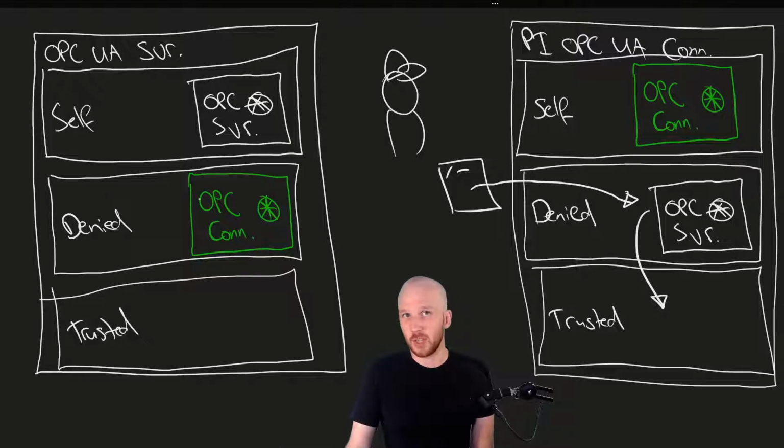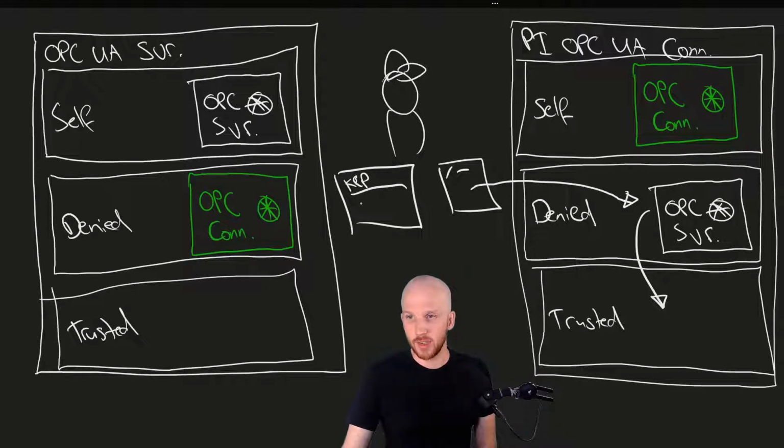OPC UA servers, it depends on the vendor. So different vendors have different procedures on doing this. Look at the documentation of your OPC server on how you would trust a certificate. But this specific one, the Kepware server we're using to test with, we actually use a user interface.